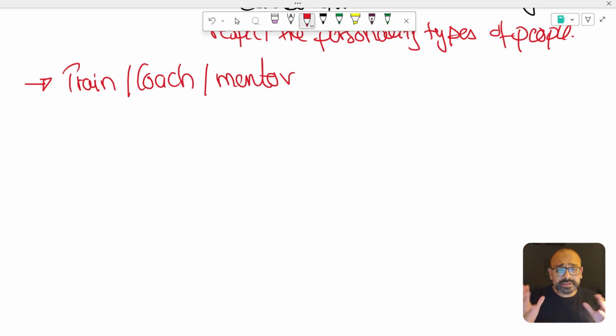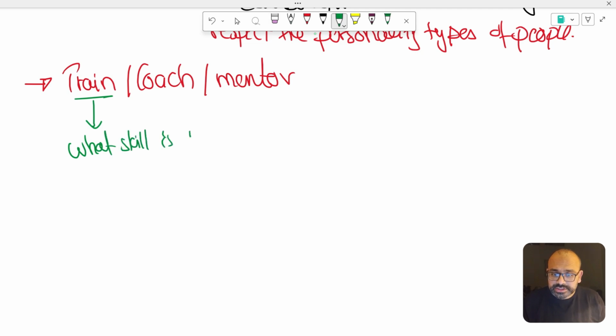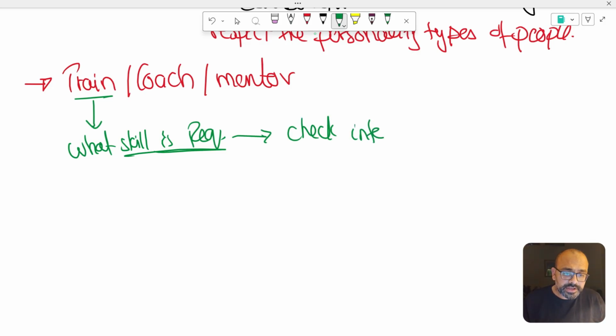So when it comes to training, always know the gap, always understand what skill is required. Check internal availability first.